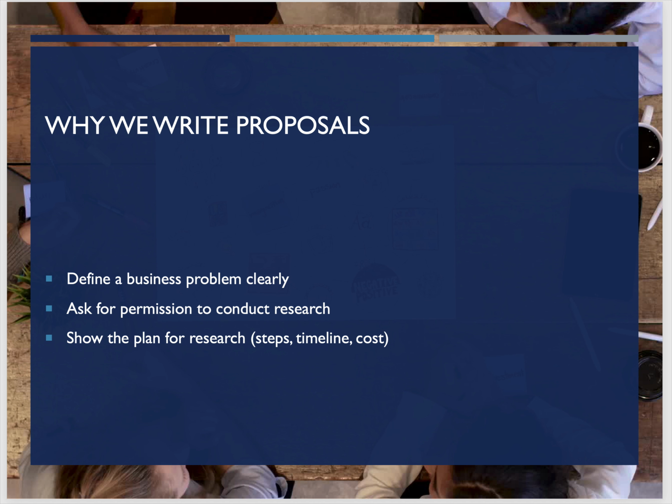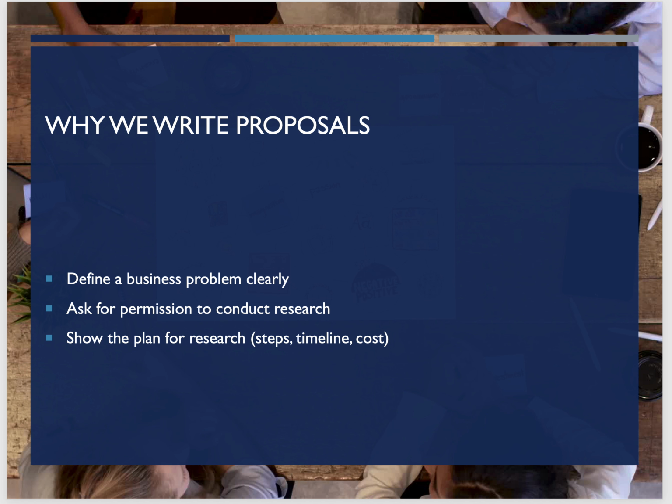It is your job to use your creativity and imagination to add the specifics of the business problem. The whole purpose of this assignment is to lay out the problem and the specifics of whatever is going on in your business, and ask for permission to conduct research that will solve this problem.